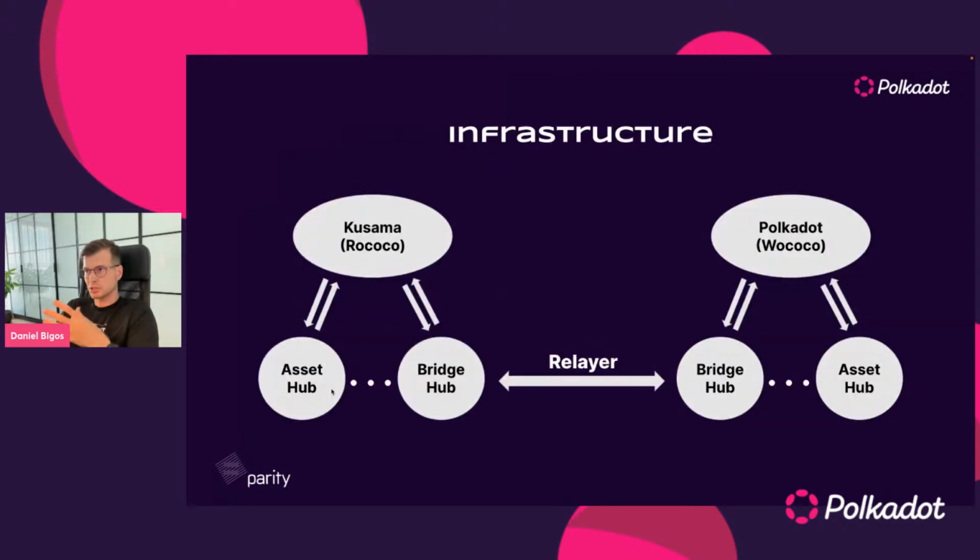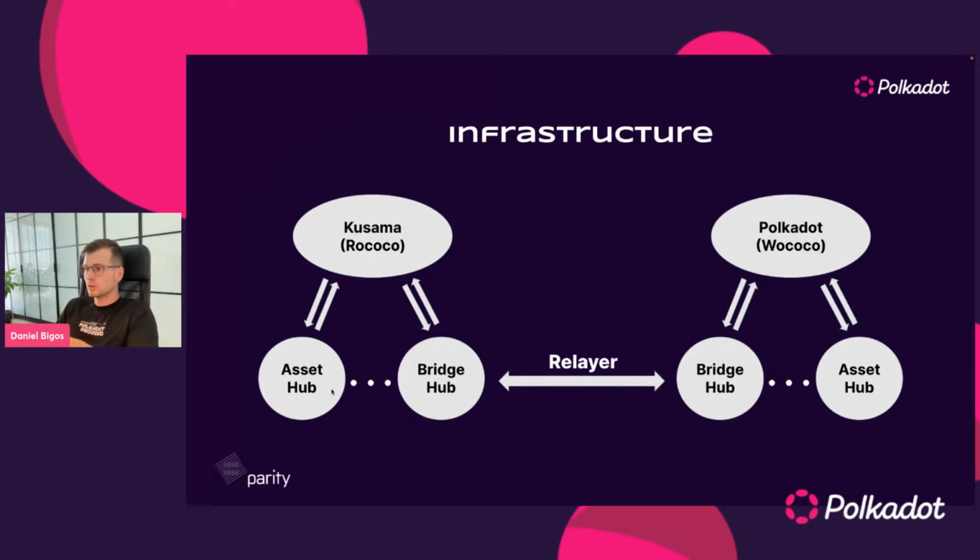Now let's talk about the infrastructure that we need to play with transferring assets from Kusama Asset Hub to Polkadot Asset Hub. At first we have the source ecosystem, Kusama, and within that ecosystem we have Asset Hub and also Bridge Hub. We also need a destination ecosystem, the Polkadot ecosystem.